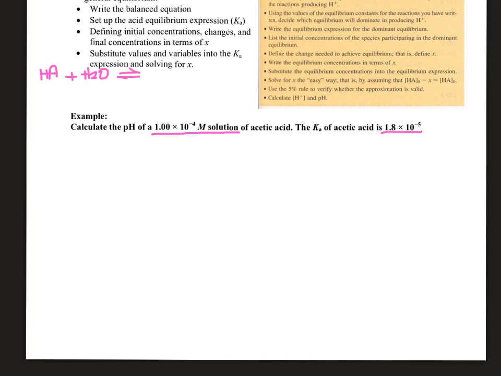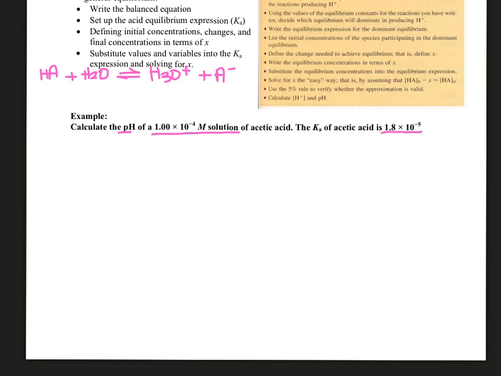When it donates a hydrogen in equilibrium, you're going to end up with H3O plus and your A minus, meaning you end up with the hydrogen ions and then some sort of conjugate base. What we're looking for is the concentration of hydrogen ions because that's going to allow us to find the pH. So that's just a generic equation, and that's really important.